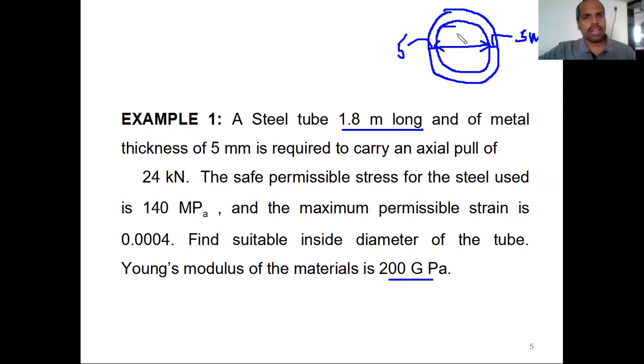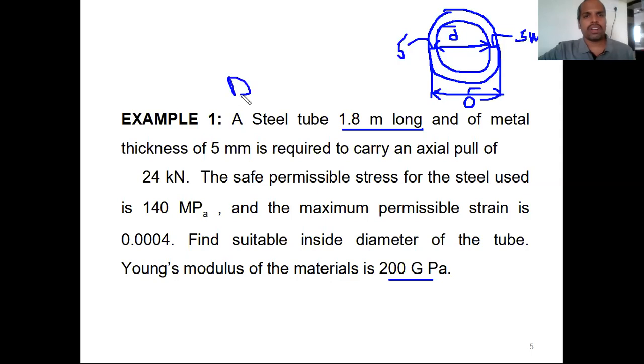You can calculate the internal diameter and later the external diameter, or first the external diameter. This is capital D, the external diameter, and the internal diameter is small d.